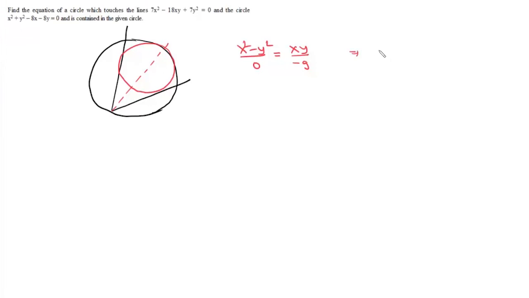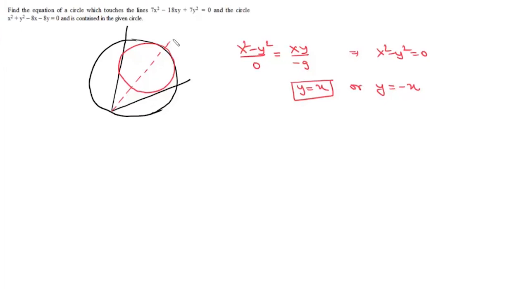The equation of angle bisectors is x square minus y square equals 0, that is either y equals x or y equals minus x. And since this circle lies in the first quadrant, this angle bisector will be along y equals x.